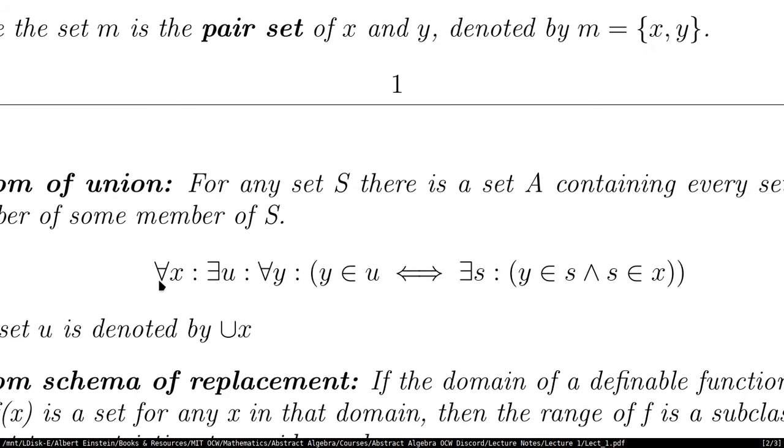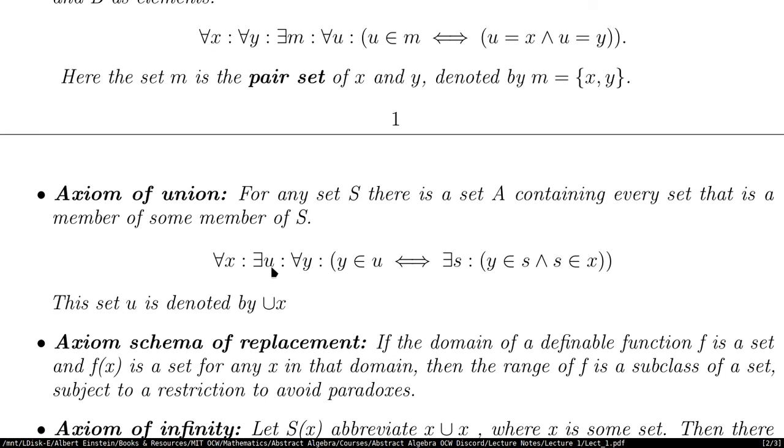Logically, saying that you have a set X, then there exists a set U such that for all sets Y, Y is contained within U, and that's equivalent to saying that there exists a set S such that Y is in S and S is in X, right? So Y is in the set S, and S itself is a member of X.